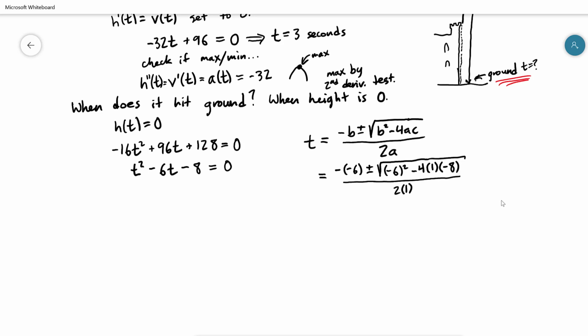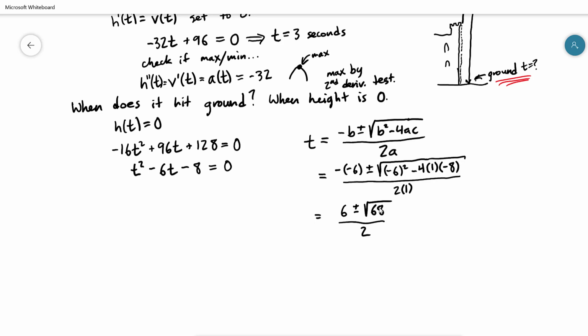We can simplify these numbers. This is going to be 36. We'll be adding 32 to that 36. I think that'll give us, what, 68. So I will get positive 6 from these signs canceling, plus or minus the square root of 68, all of that divided by 2.